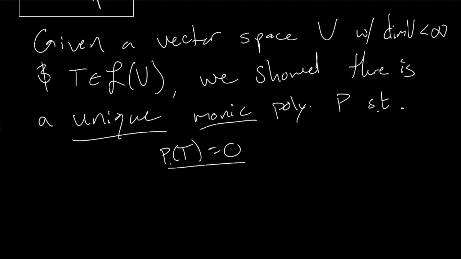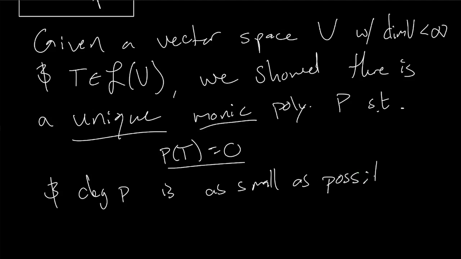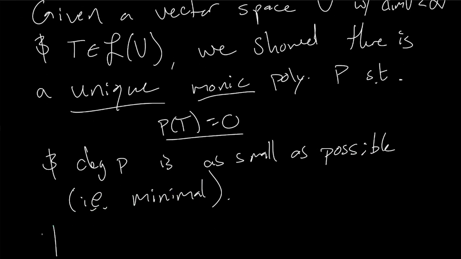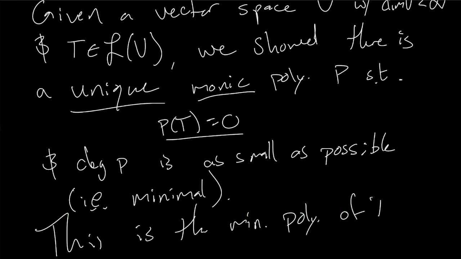That is, it is the unique monic polynomial P such that P of T is 0 and the degree of P is as small as possible, i.e., minimal. This is the minimal polynomial of T.